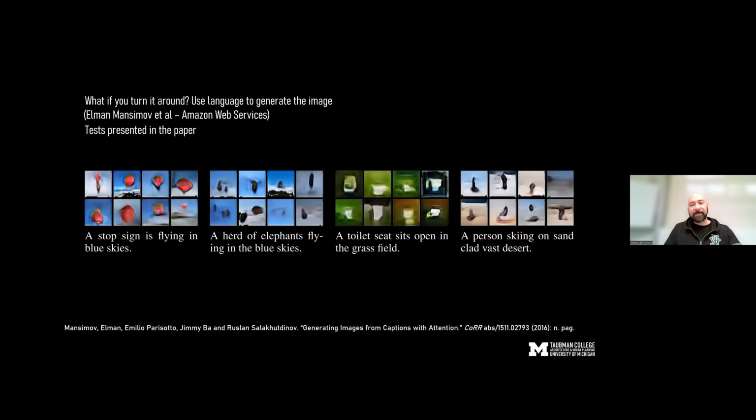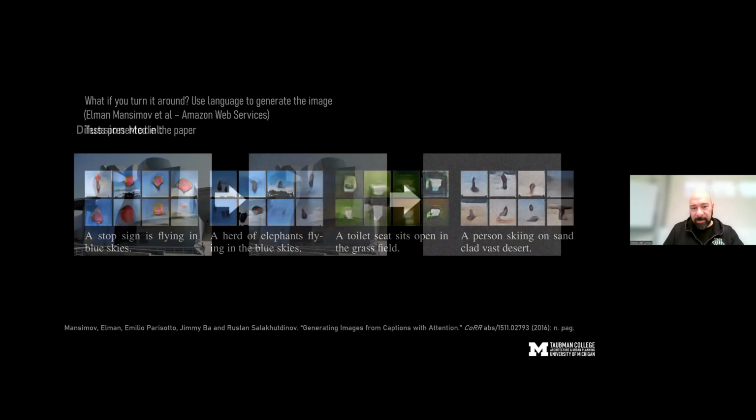This is from the paper that they published, their first attempts to do that. And look at that. A stop sign is flying in blue skies. I mean, with a lot of imagination, you might be able to see that. But the problem is that the resolution was, I think, 72 by 72 pixels or something. It's really hard to do anything that looks sharp with that tiny resolution.